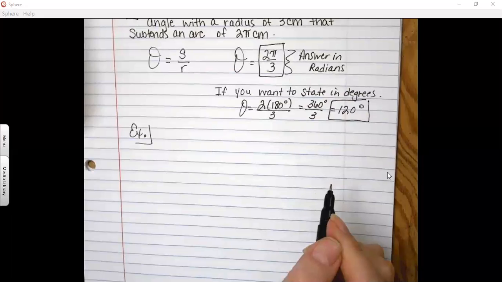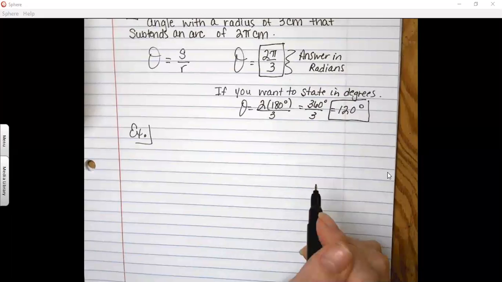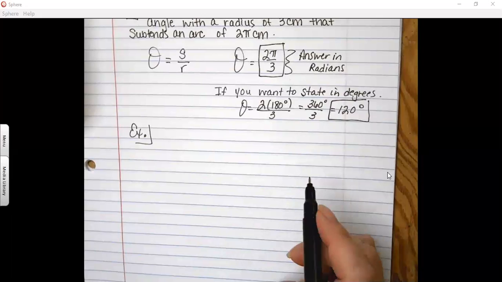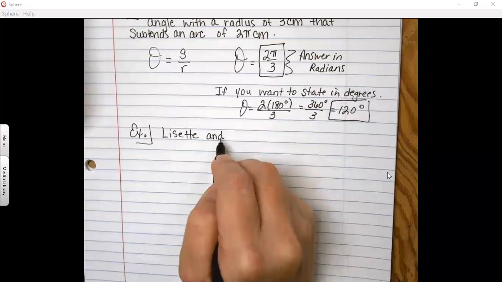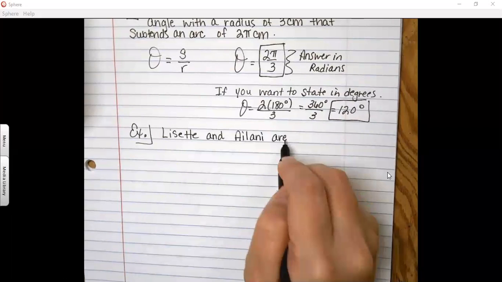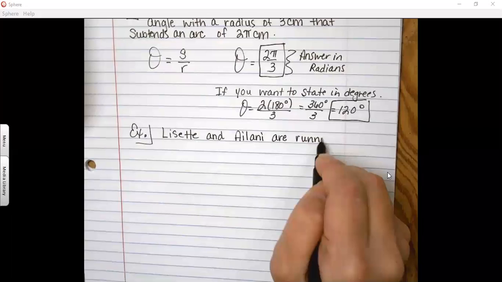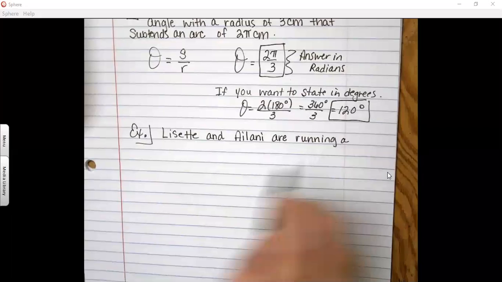All right. Lizette and Aliani. I did not make these names up. I got this example out of the book. Are running a relay race. The circular track on which they are running has a diameter of 60 meters.